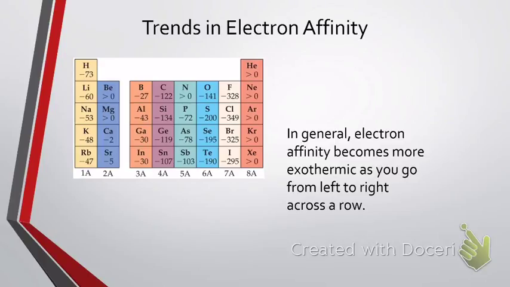In general, if you look at the trends, like lithium versus fluorine, as you go across the periodic table from left to right, it becomes more and more exothermic. It becomes easier, or even better, to actually add an electron.